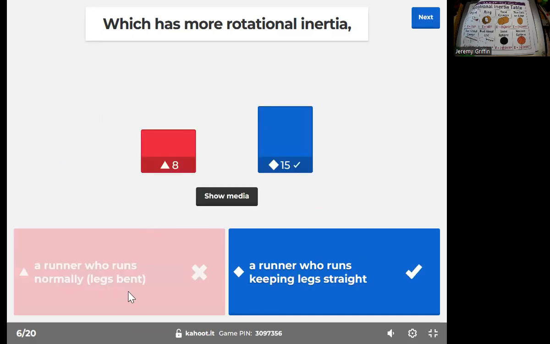Yeah, right. Because if you run normally and bend your legs, the mass of your legs is getting closer to your center of mass, which would actually decrease your rotational inertia, right? But if you keep your legs straight, that's a wider distribution of your mass, kind of like the ice skater where they're spread out. So more rotational inertia for the blue one.